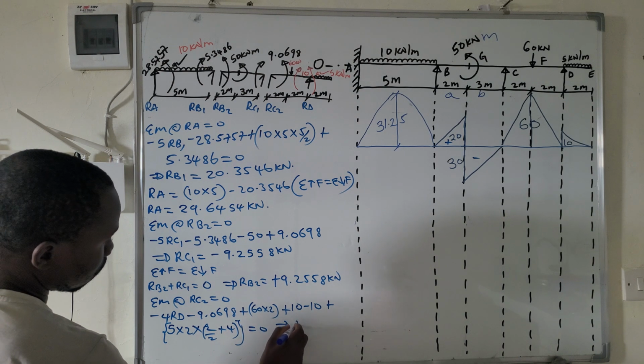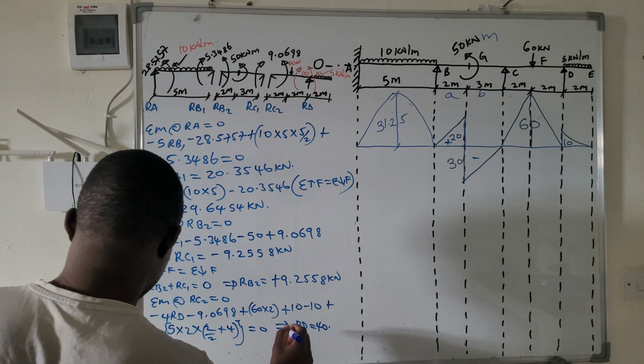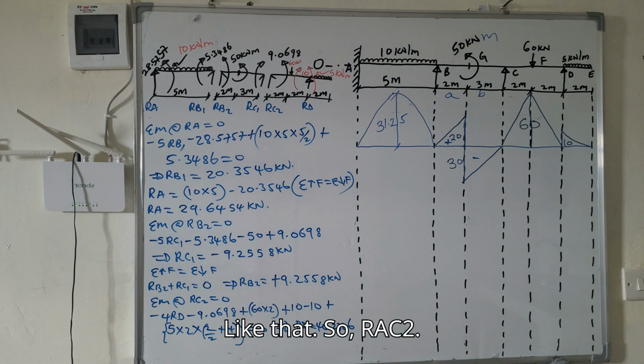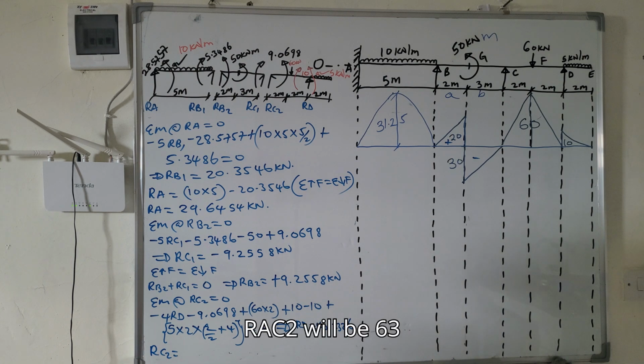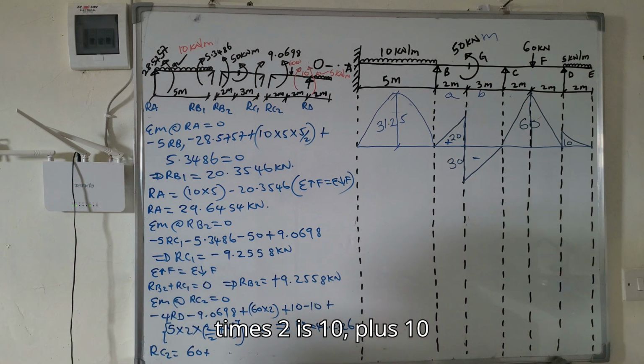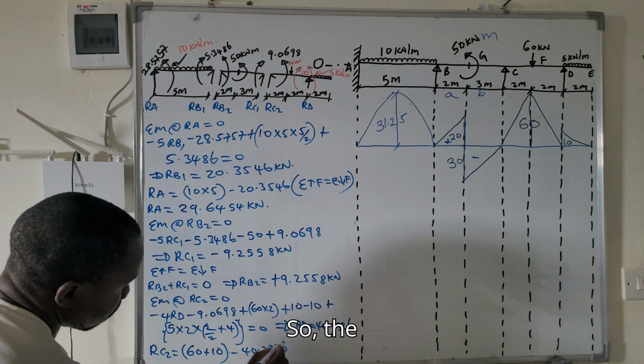So this implies RD is equal to 40.2326. So RC2 will be 60 plus 5 times 2, which is 10, plus 10 minus 40.2326.